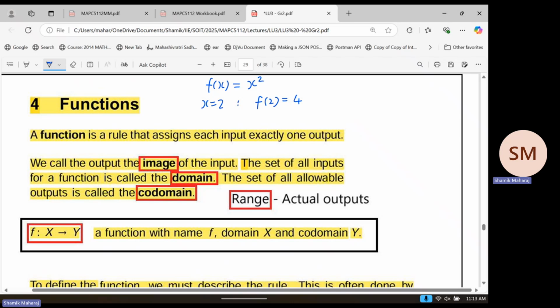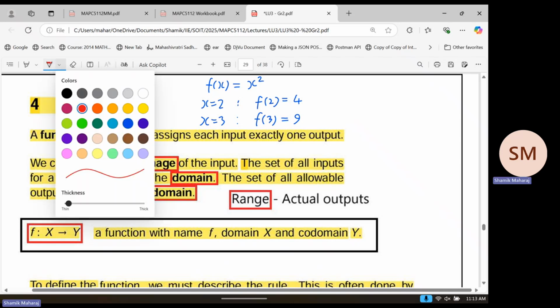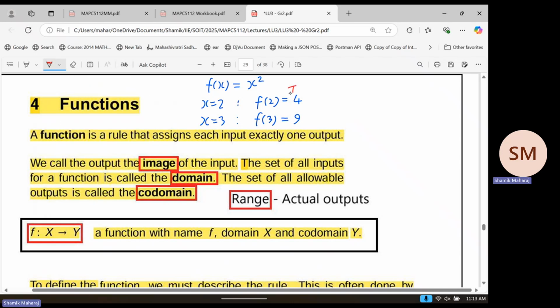It's easy to understand these with examples. Okay, we can do another one. Suppose I put the input x is equal to 3, then f of 3 is equal to 9. Here 9 is the image corresponding to the input 3. Let's just maybe put that here. The images are here. Input is here.